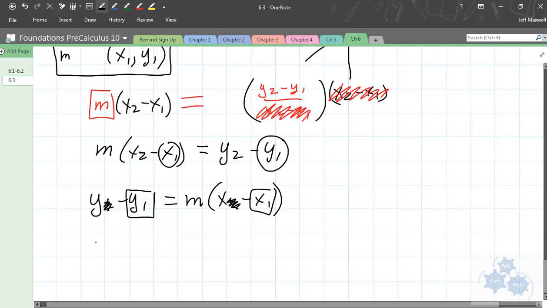And so the point slope form is going to look like this. y minus y1 equals m times x minus x1.